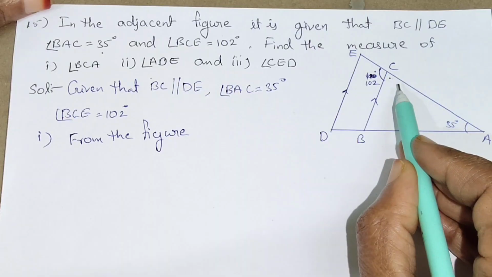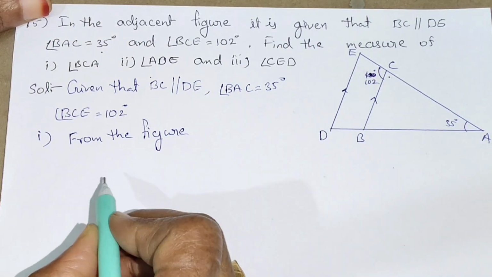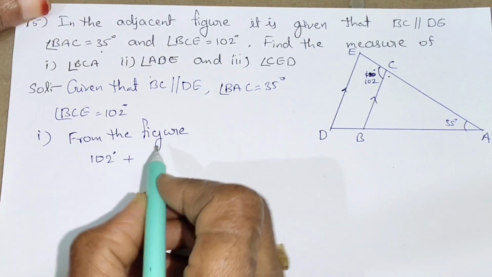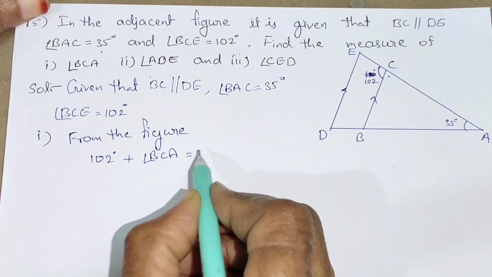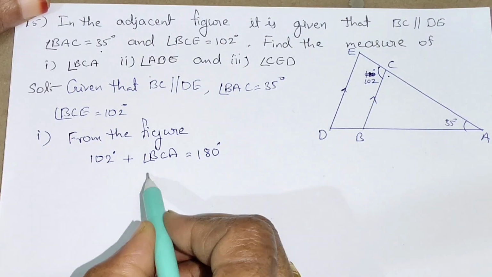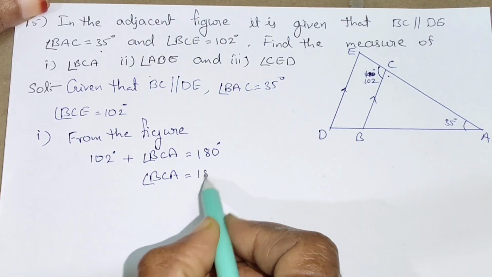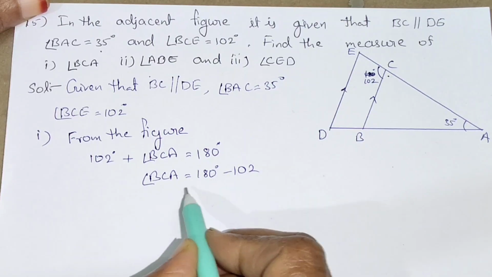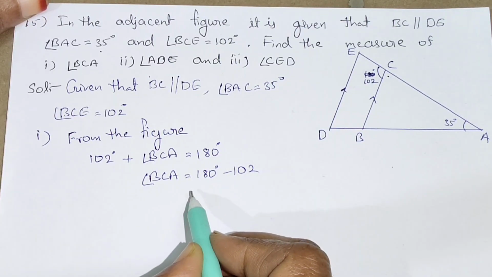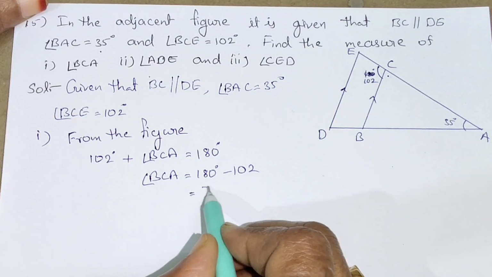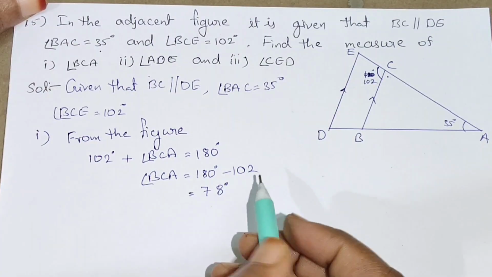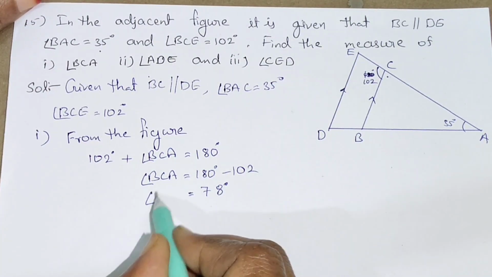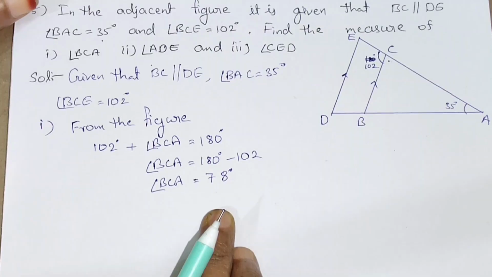So 102 plus angle BCA equals 180 degrees. Now angle BCA equals 180 minus 102, which is 78 degrees. So angle BCA equals 78 degrees.